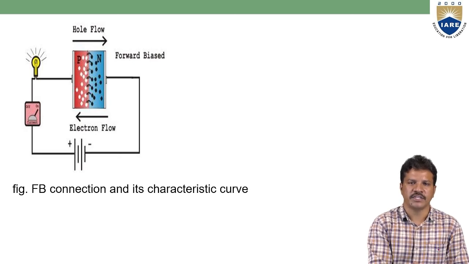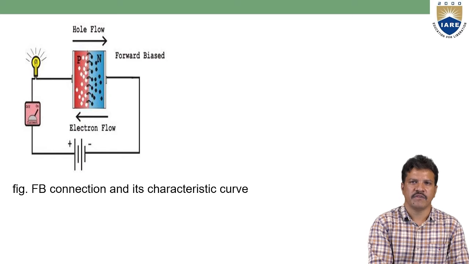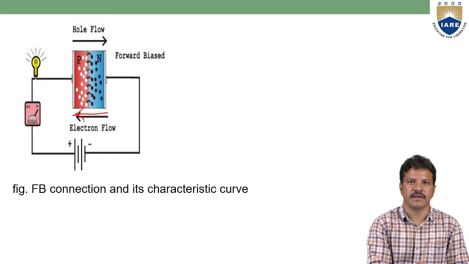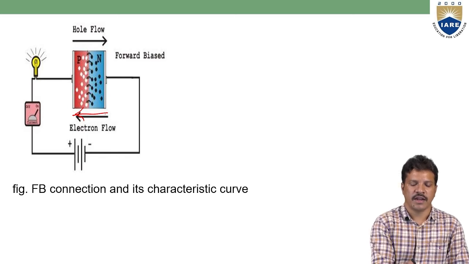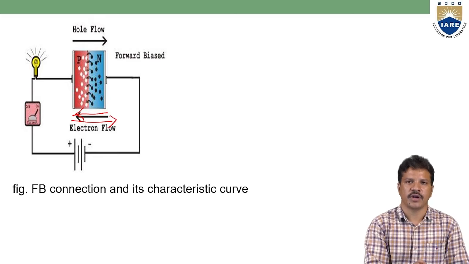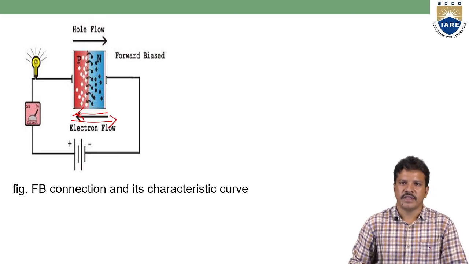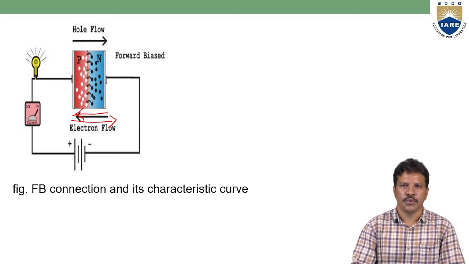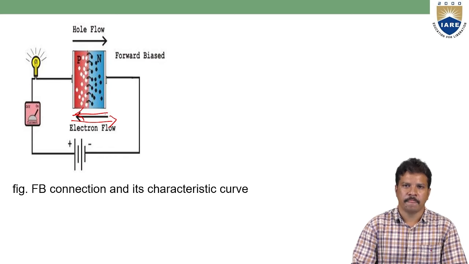The current flow in the p-n junction diode can be represented with the electron flow. Electrons move from the n side to the p side. The current direction is always opposite to the electron direction. So in this forward bias connection, due to the positive polarity, majority charge carriers of holes move from the p side to the n side, and majority carriers of electrons move from the n side to the p side, so that current flows in the p-n junction diode.